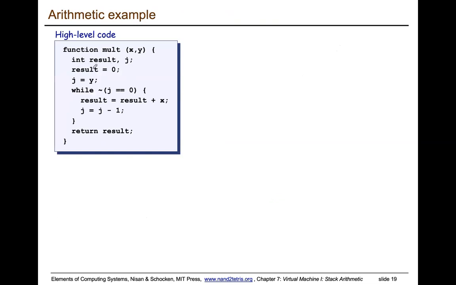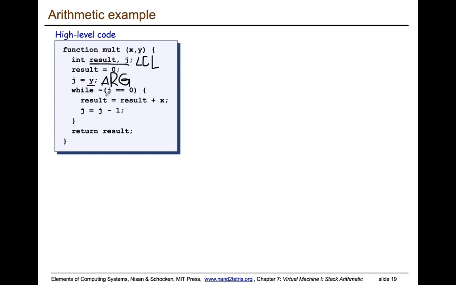We have the result at the beginning equal to 0, and j equals y. The result is a local variable, and j is a local variable. And then I want j equals y. Y is the argument; this is the argument passing.